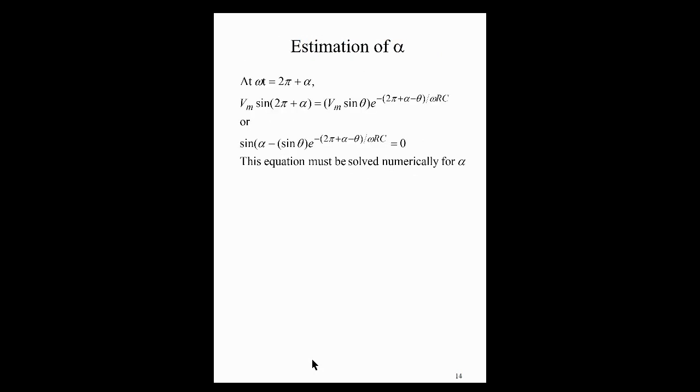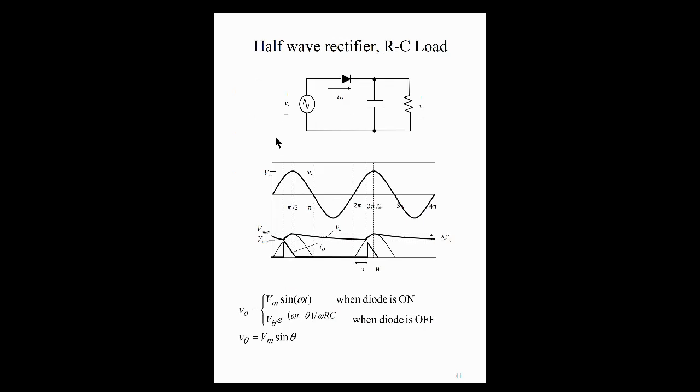Now we can look at omega t when it's 2 pi plus alpha. Why are we doing that? If I remember this, one cycle is 2 pi, right here up to right here, but we're adding alpha here.